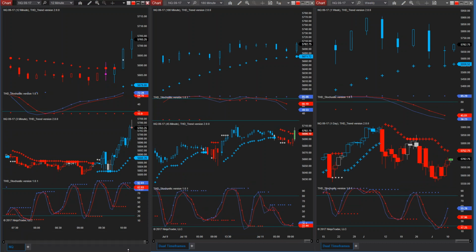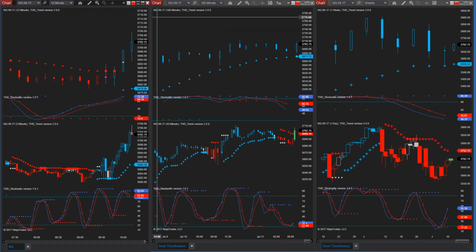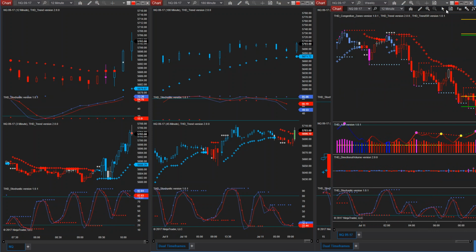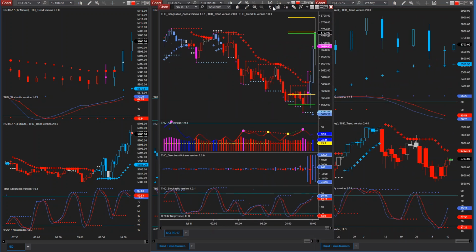And anytime, okay, let's go to the NASDAQ 12-minute chart. When I see something of interest on these time frames, then I'm going to pull in my other charts. And this is a great example.